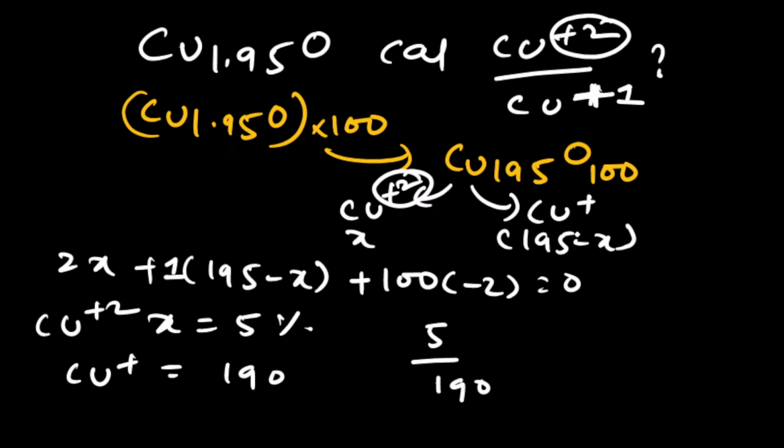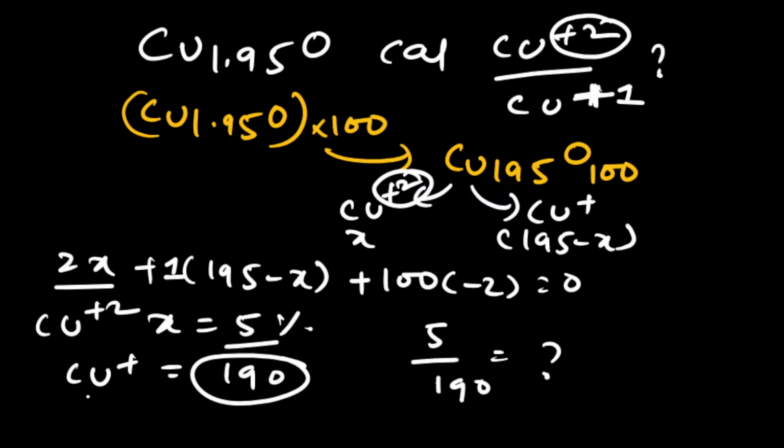If you take it as x, then it will be 195 minus x. 2x plus (195 minus x) plus 100 into minus 2. 2x minus x will become x, and it becomes minus 200. 195 minus 200 will give you minus 5. Minus 5, if you send it to the left hand side, it will become plus 5. So x is 5, then Cu plus 1 will be 190. 5 by 190 will give you the answer.